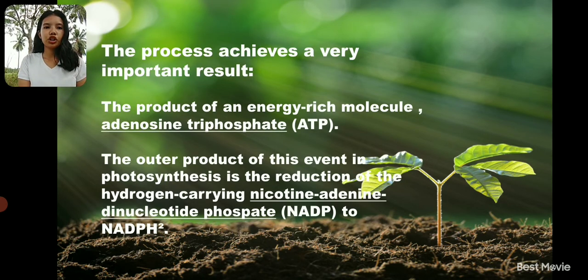So the process achieves a very important result, the production of an energy-rich molecule, adenosine triphosphate, or ATP. The other product of this event in photosynthesis is the reduction of the hydrogen-carrying nicotinamide adenine dinucleotide phosphate, or NADP, to NADPH.